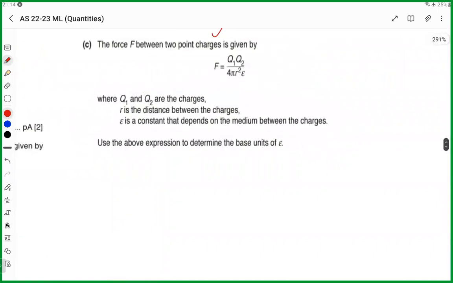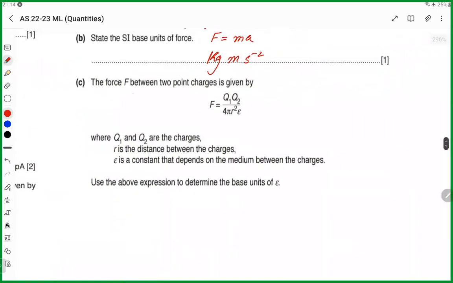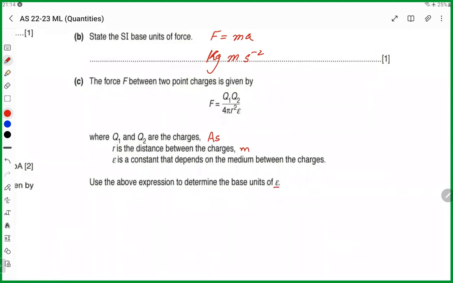Now, the force F between the two charges is provided by the formula Q1 multiplied by Q2 over 4 pi r square epsilon. Q1 and Q2 are charges, so each will have unit AS. R is the distance between the charges, so it is in meters. Epsilon is a constant that depends on the medium between the charges. Use the above expression to determine the SI base unit of epsilon.